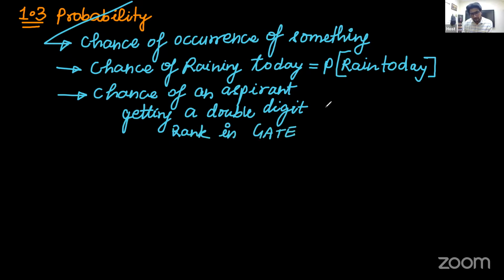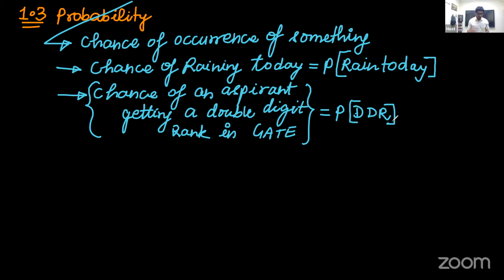My dear friends, we give it a mathematical representation like this: probability of a double digit rank.